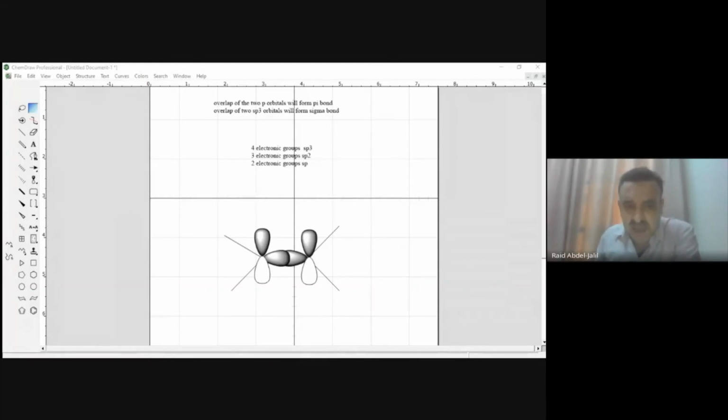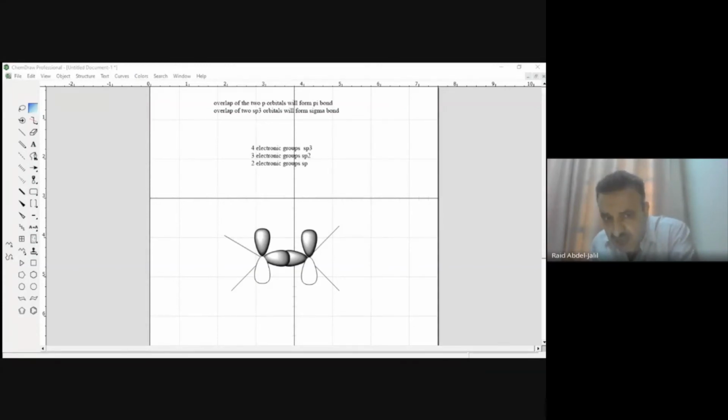Now you can see the bond here between the two carbons. It's the first bond. We call it sigma because it is the overlap of an sp3 hybridized orbital with a hybridized orbital. Do you follow me? Now, this orbital is not hybridized. It's just p, an atomic orbital. This orbital belongs to one carbon, and this one belongs to another carbon.